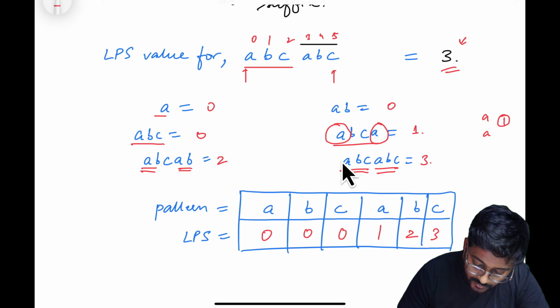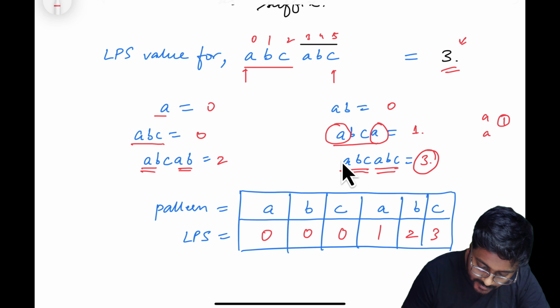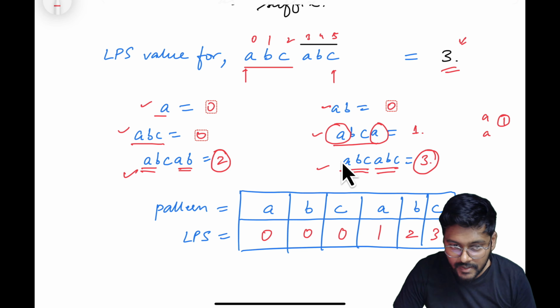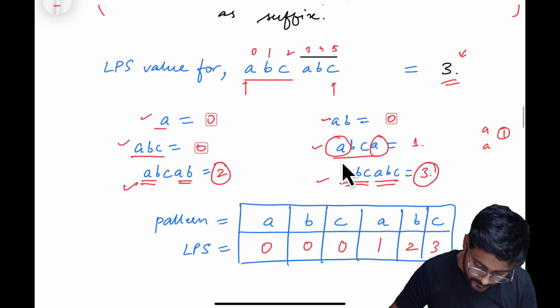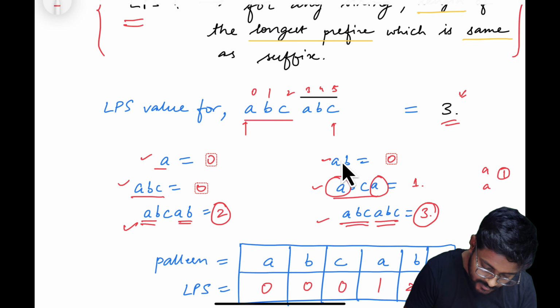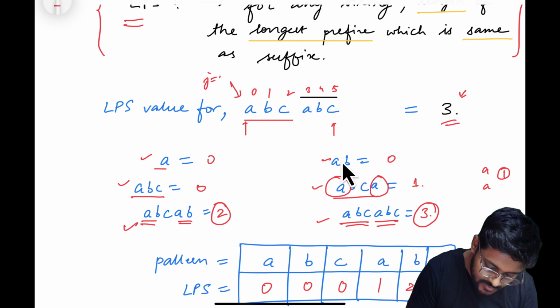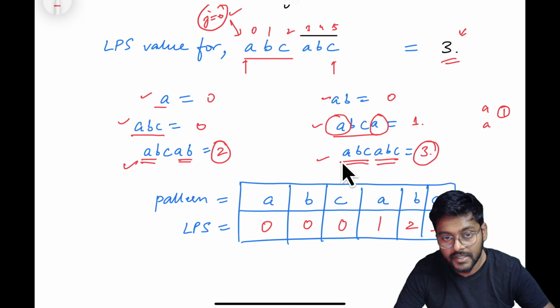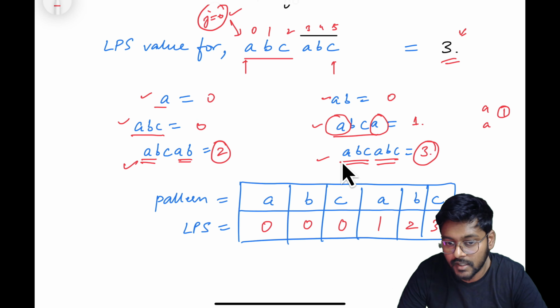So what is this value? These are the LPS values of these strings. Whenever we are matching a pattern in a text, we start the matching from j equal to 0. If this is a pattern, then we always start from j equal to 0. That's why we are going to capture the LPS value of every substring starting from 0.